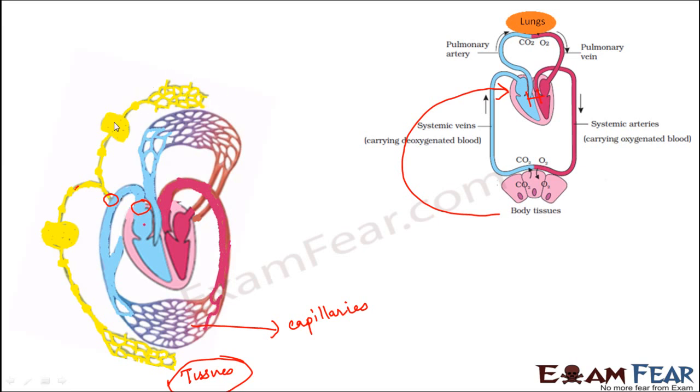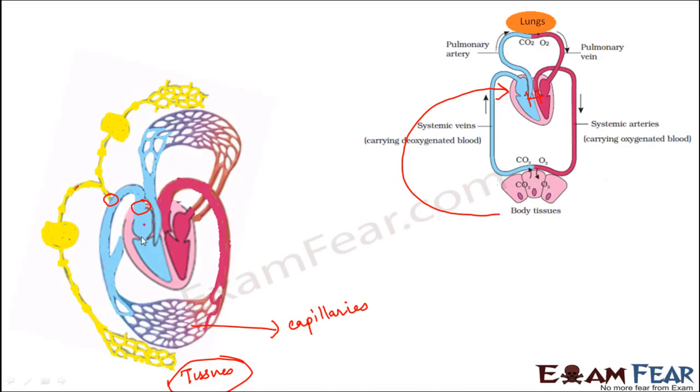So from the body tissues, it is again bringing everything to the heart. That is why it has a unidirectional flow. But there is no flow from the heart towards the tissues through the lymph. That all happens with blood. So it only carries stuff toward the heart, not directly into the heart, but it gives everything to the blood vessels just before the blood vessels enter the heart. So this is where the lymphatic system plays a role.